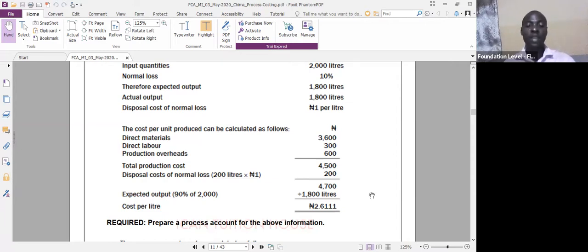The cost per liter is going to be 4,700, which is the cost including the disposal cost, divided by 1,800 liters. And now you see your cost has increased to 2.611. So that is the cost per liter of the good output.